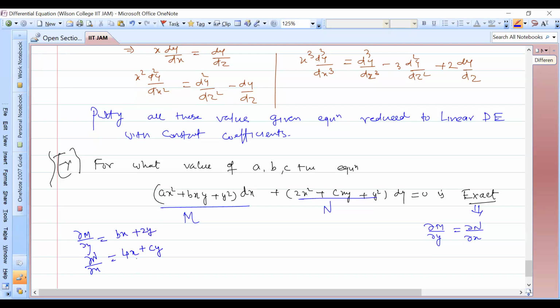Yes, C equals 2, B equals 4. And what about A? A can be any value, any real number. Okay.